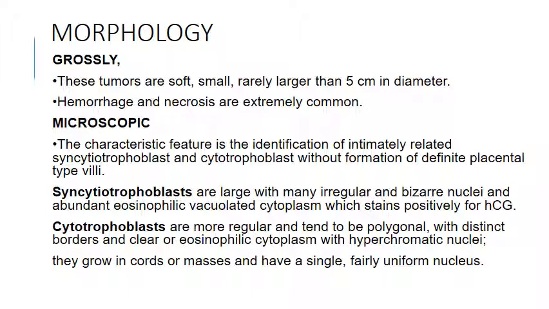Syncytiotrophoblastic cells are large, irregular cells with bizarre nuclei and abundant eosinophilic cytoplasm, which is HCG positive. Cytotrophoblastic cells are regular polygonal cells with clear or eosinophilic cytoplasm and hyperchromatic nuclei. They grow in cords or masses and have a uniform nucleus.